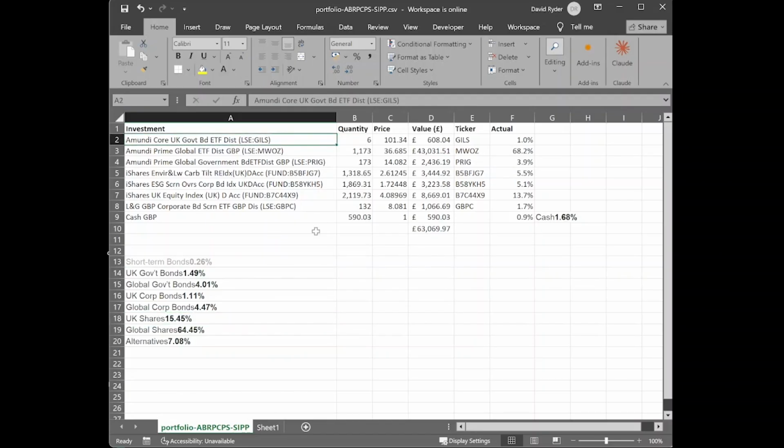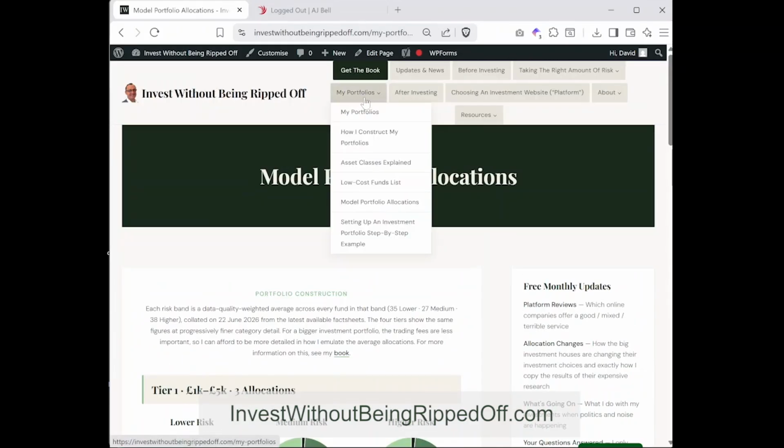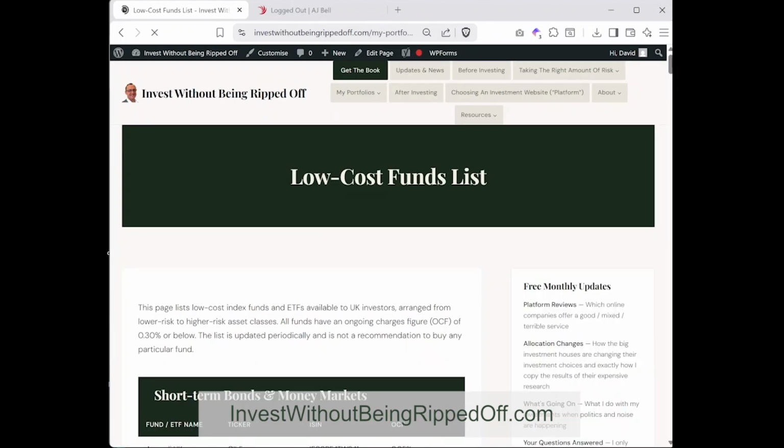Now, to find out which one this is, I go once again to my website and we're looking for core UK government bonds, GILS. So the ticker is GILS. And that is under the funds that I list, the low cost funds list that I use to build my portfolios and keep the costs super cheap.